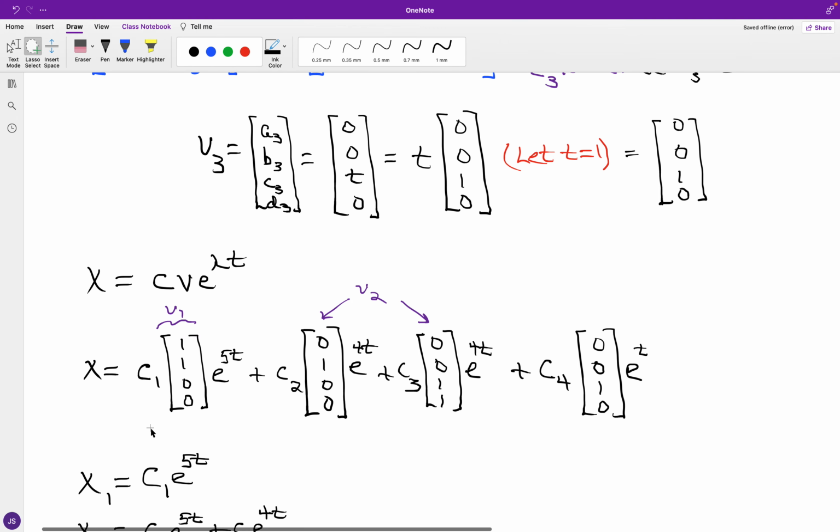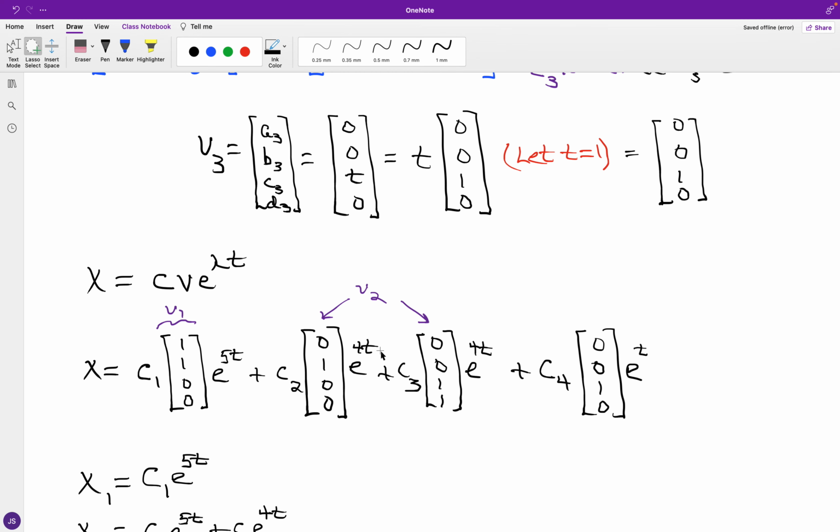Looking at the solution set, x is equal to c sub 1 times v sub 1 times e to the first eigenvalue times t. And now with 4 as a repeating eigenvalue, we wound up having distinct eigenvectors in the basis. So if we itemize each of the basis vectors, we have c sub 2 times 0, 1, 0, 0 times e to the 4t.